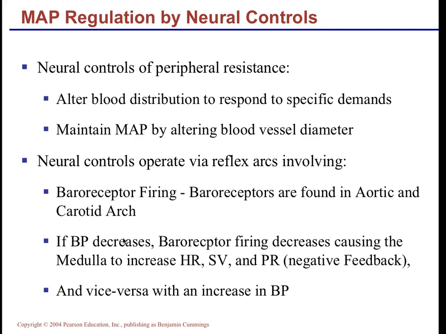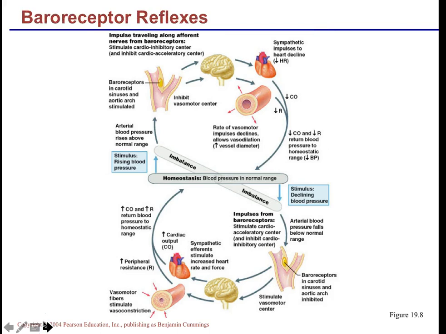The peripheral resistance part is going to be a decrease in the firing of the sympathetics to the smooth muscle of the arteries. Everybody relaxes, everybody expands, and the peripheral resistance goes down. So that's the typical regulatory feedback loop that happens with most organ systems, but especially the heart and the cardiovascular system.